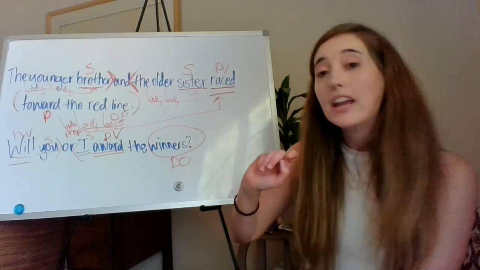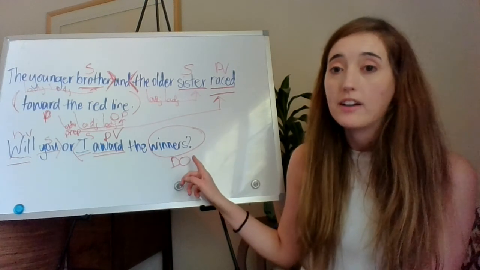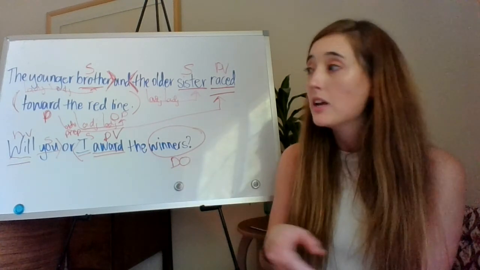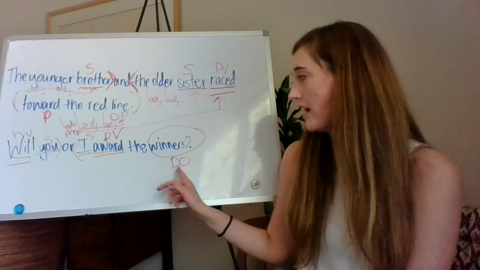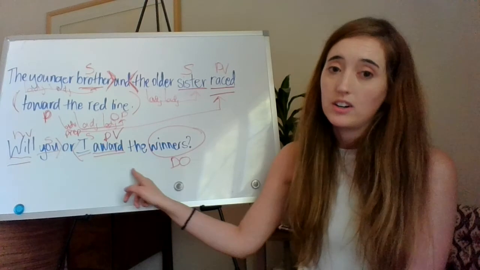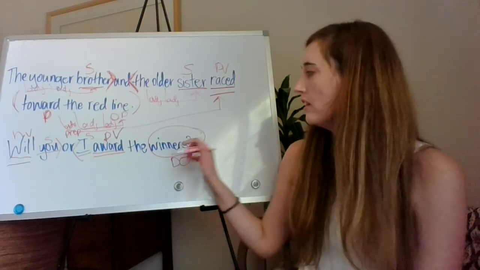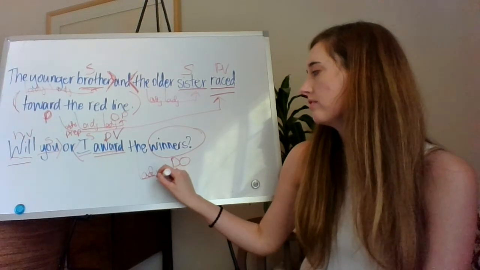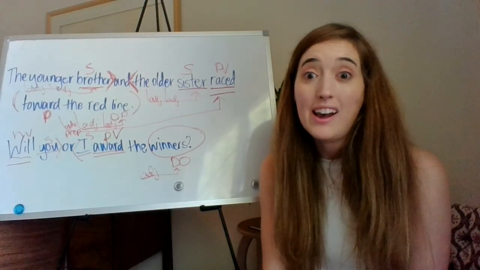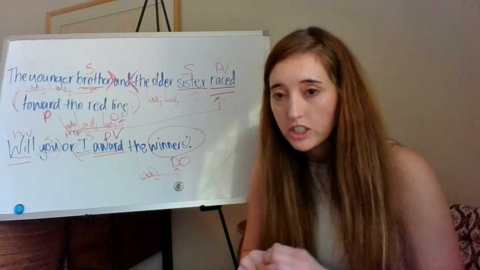D-O. It answers the question what or whom after the verb and is labeled D-O. So this is the noun after the predicate verb, and we have that adjective the right before it, which is a modifier. Okay, that is all we're going to be doing for today.